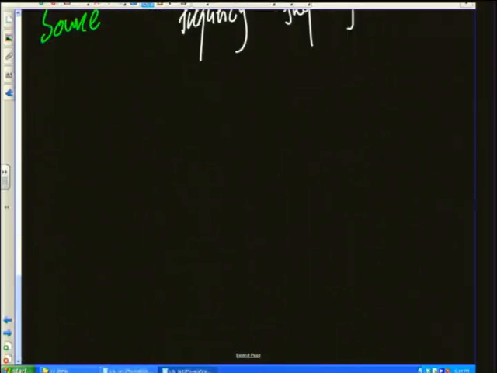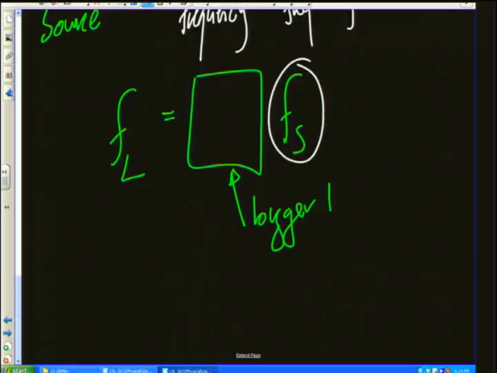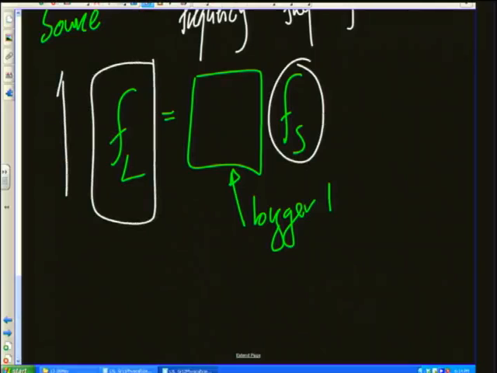We had the frequency that's observed, we had a green box, and we had the frequency of the source. If that little fraction was bigger than 1, then what's it going to do? That's telling me I must take the frequency of the source and multiply it by a number bigger than 1. That means that the frequency of the listener will be going up.